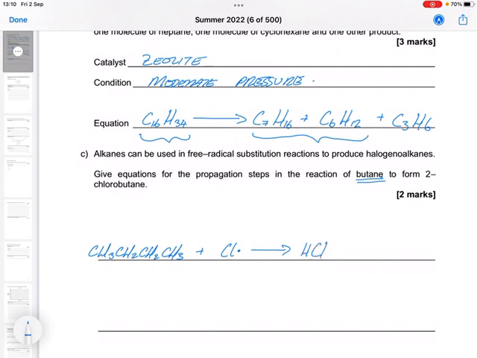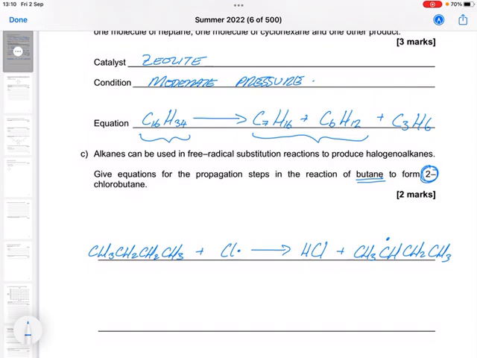Now the key thing here is you're making 2-chlorobutane, which means the radical is going to form on the second carbon in the chain. So CH3, CH, that's where the hydrogen has been ripped off because we're going to make 2-chlorobutane, CH2, CH3.